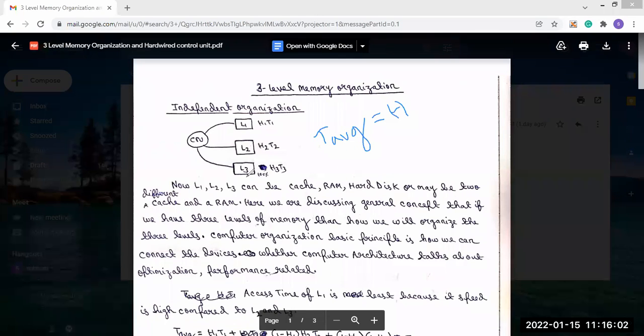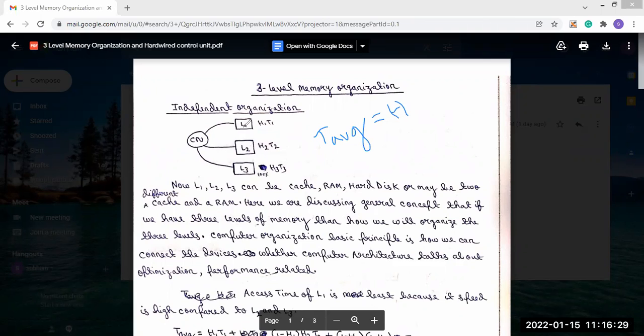That's why we always prefer it. We know that the L1 device has the least storage, but its access time is very low and its speed is very high. That's why the access time is less, and we always prefer that the data be present in L1.